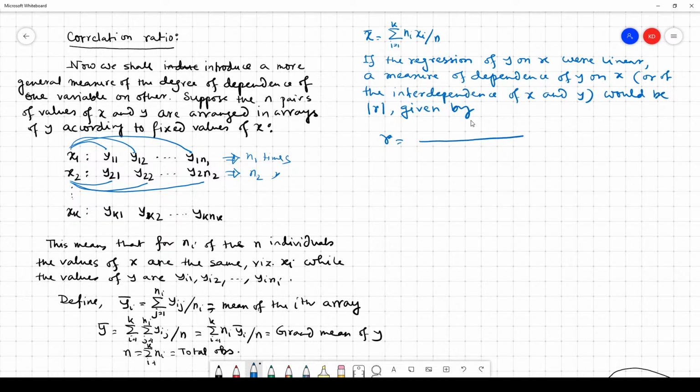So that's why I am telling you the data should be arranged in pairs.